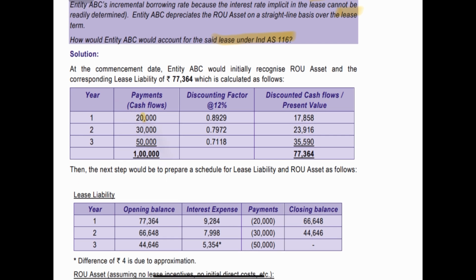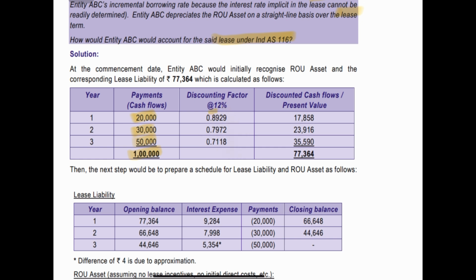It's very simple. Here you have the lease rental to be paid for the 3 years: year 1 20,000, year 2 30,000 and year 3 50,000, and total lease payment is 100,000, and the discount rate is given as 12%. Since the lease rental will be paid at the end of the year, you have to calculate the present value of 20,000 at the beginning of the lease, so you have to apply 12% even for the first year.